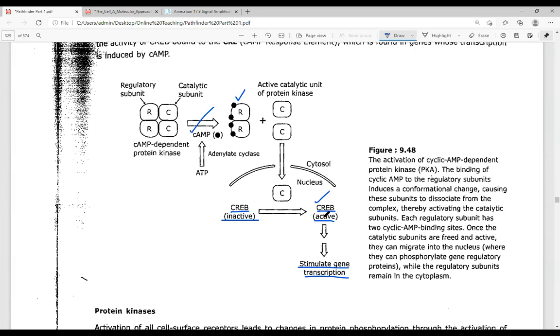Once these proteins get activated, they stimulate gene transcription, and the genes are transcribed, leading to the production of specific proteins. Hormone induced protein formation: hormones induce protein biosynthesis.